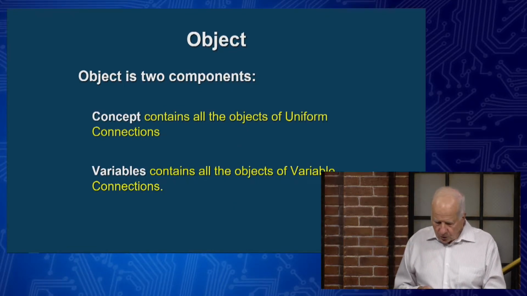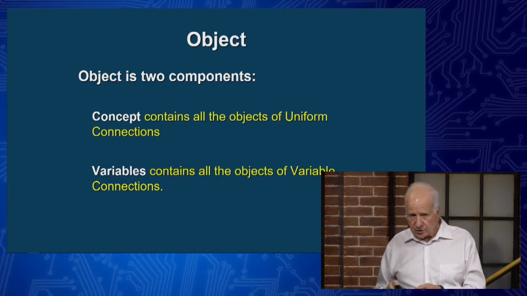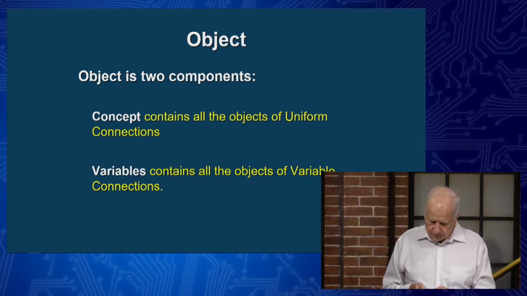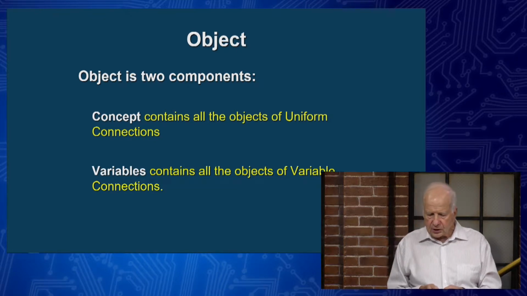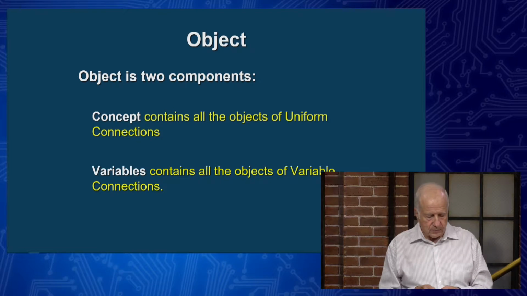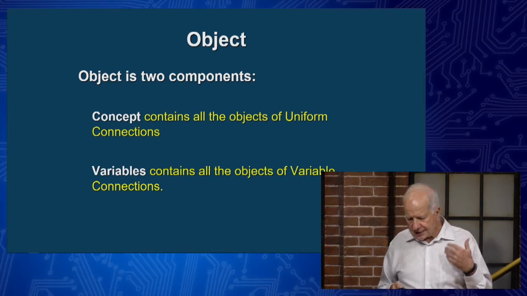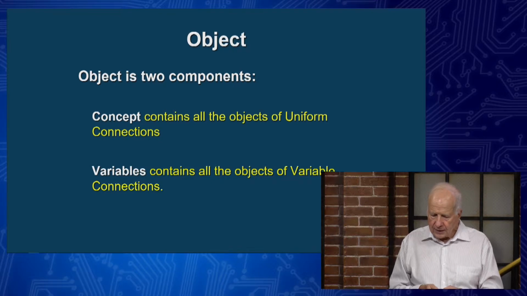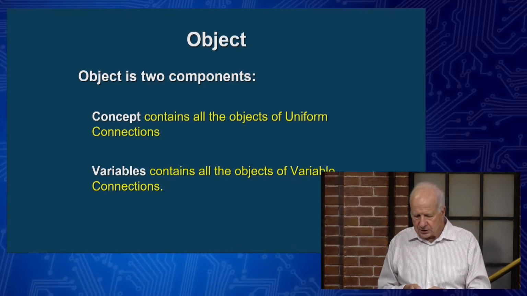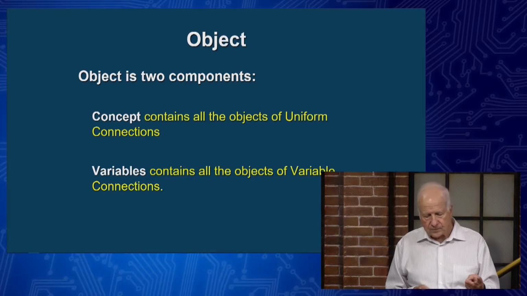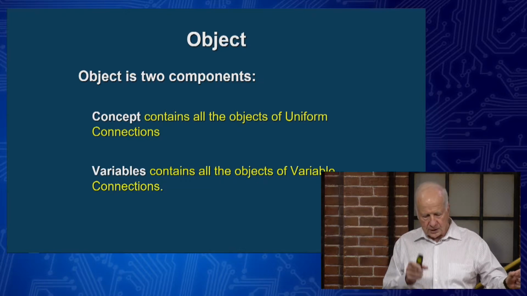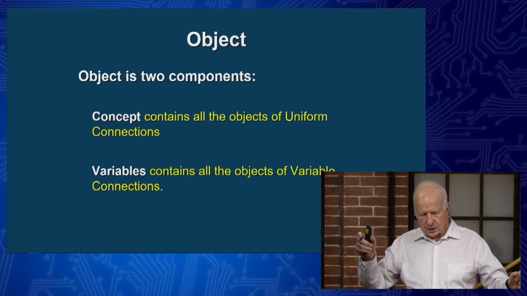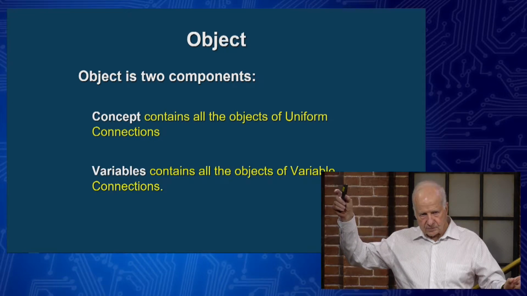Now, one thing I think when you study programming, and you study how a program works, they somewhat gloss over what an object is. And they talk about instantiating an object. The essence is every object is really made of two pieces. It's the concept. All this uniform information is factored out over here. And for each one of the objects, you've got the variables.